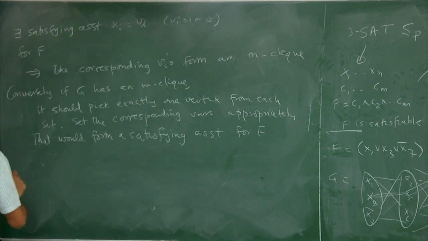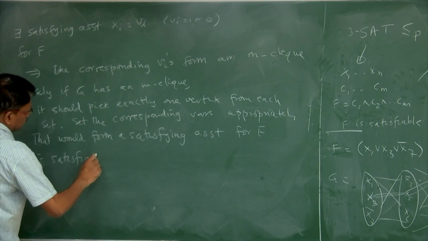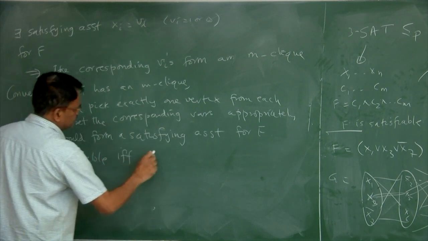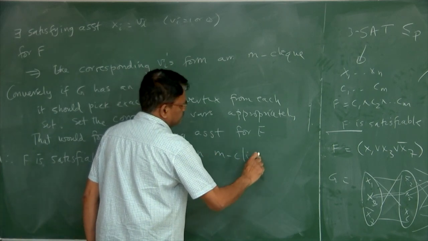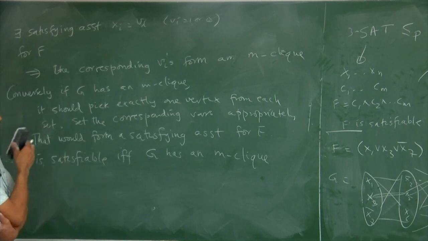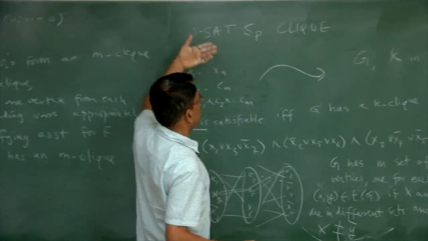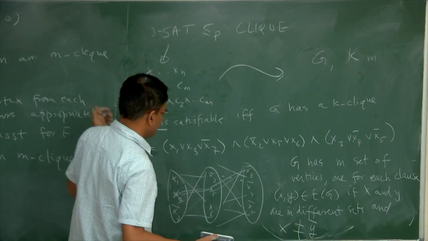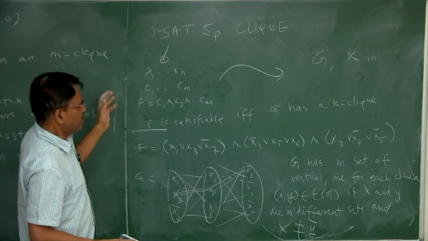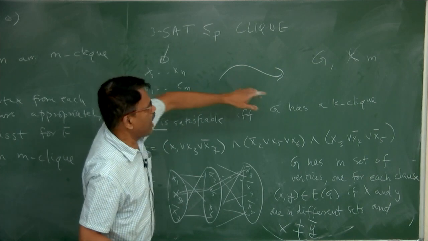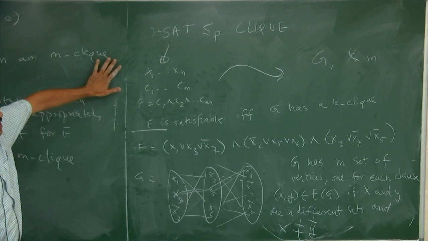So, f is satisfiable. We have successfully shown this: given an instance of 3-SAT, actually we did not really use 3-SAT, any CNF-SAT is good enough, I have produced a graph and an integer m such that G has an m-click if and only if this is satisfiable.